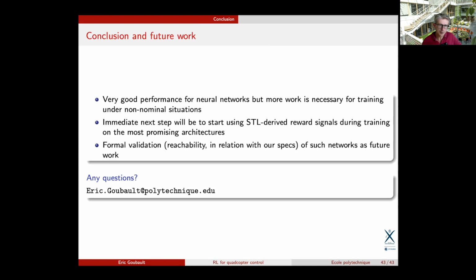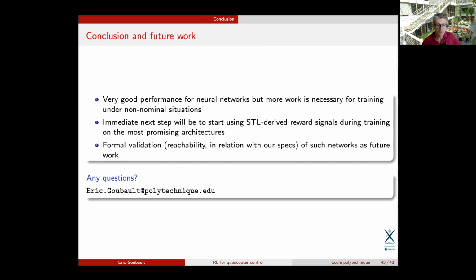An immediate step to improve on the performance of these nets is to use our STL-based performance evaluation to actually derive reward functions so that we can improve the training specifically for these performance measures. Some experiments in the literature have been carried out by other authors, and we hope to be able to do this later on.